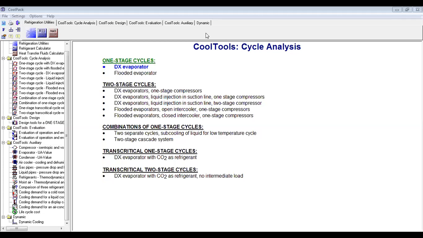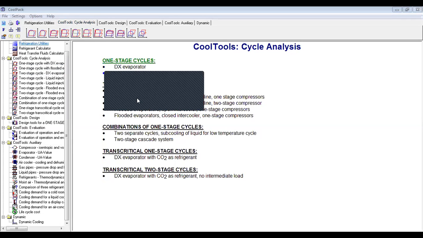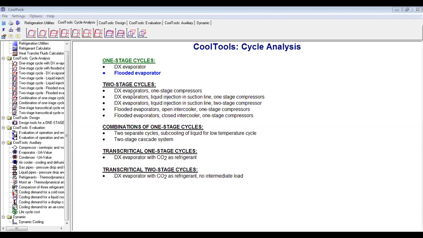Also this one, when I click one stage here, you can look into this tool analysis. Cycle specifications.